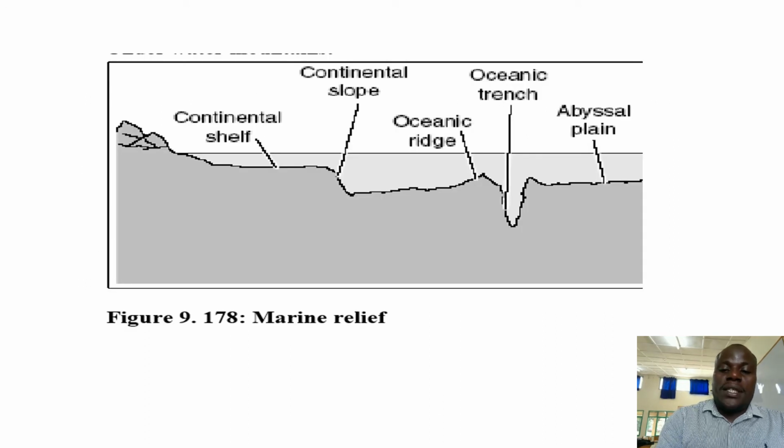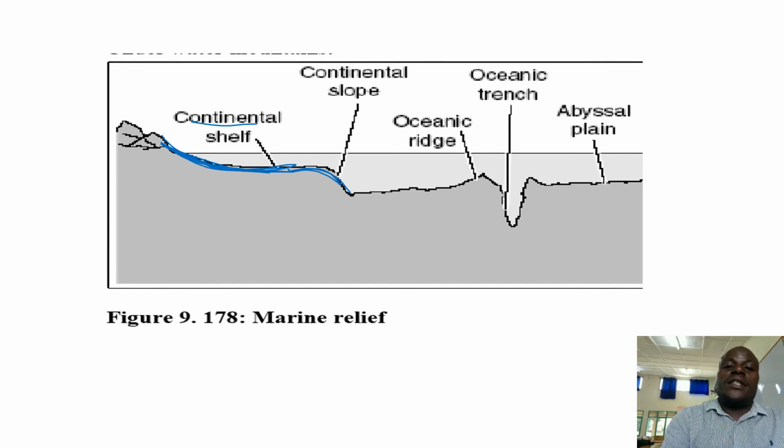If you check on this diagram, the first gentle slope, this part which slopes gently but is also submerged, is what we have called continental shelf. After continental shelf, you go to a steep one with a steep side.